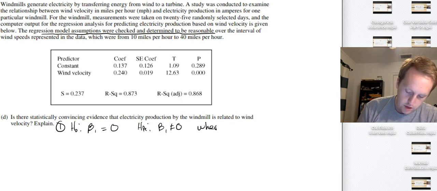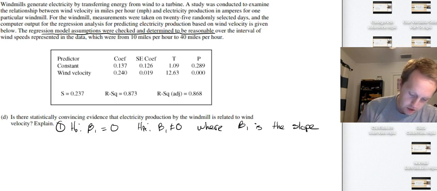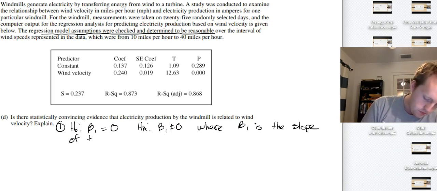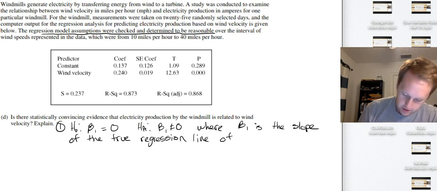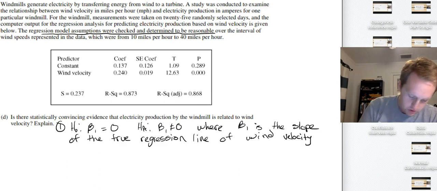Where beta 1 is the slope of the true regression line of wind velocity versus electricity production.